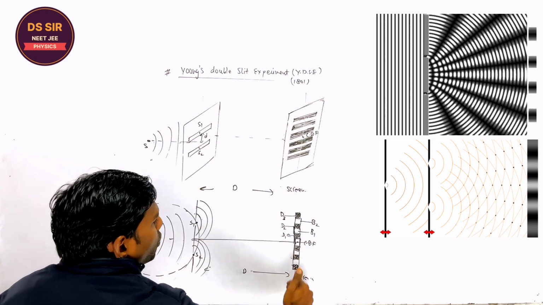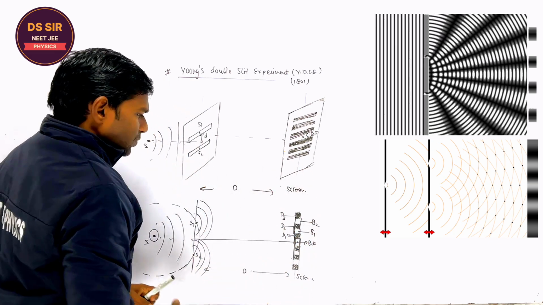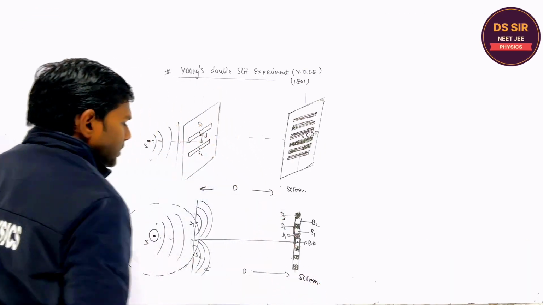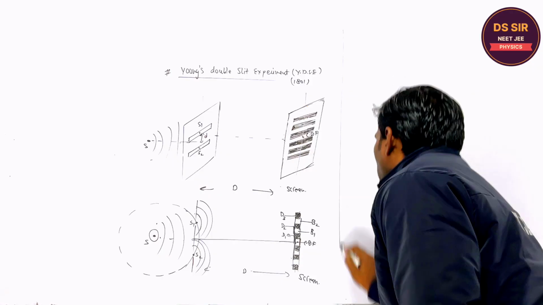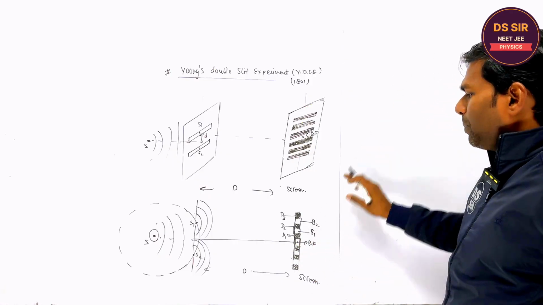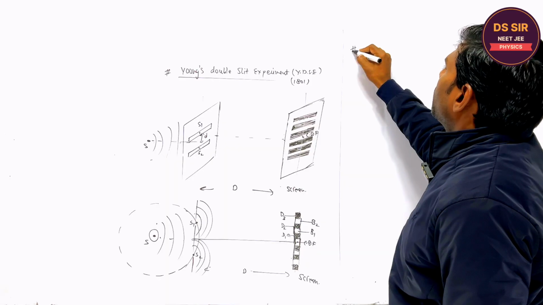Yes. So this is the cross section view. This is the screen. All right. Copy this. So now we will try to find the position of the bright fringes, right?